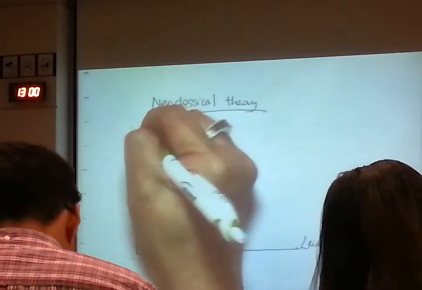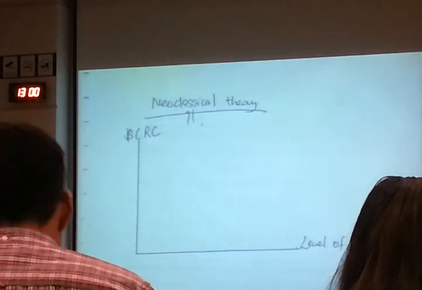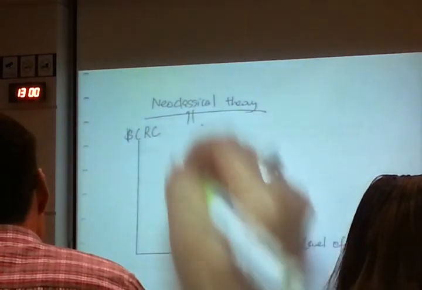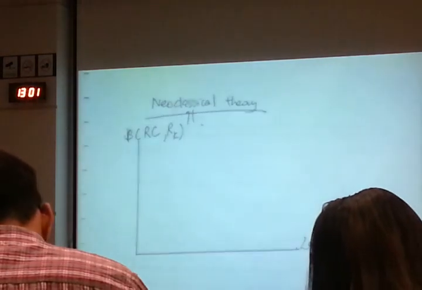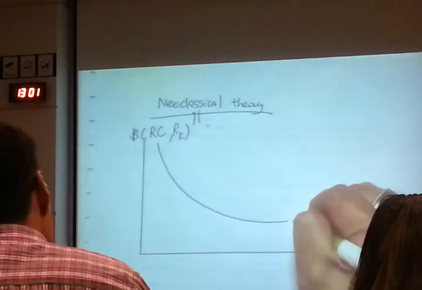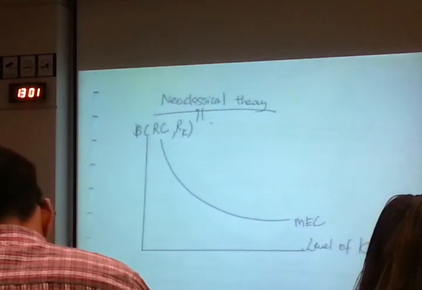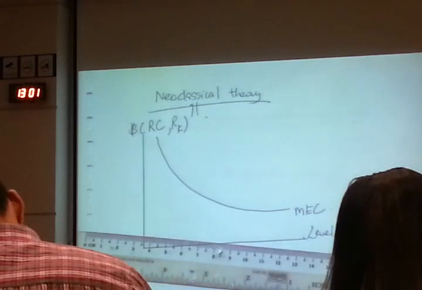Okay, and then over here, you are comparing the cost, known as RC, versus the benefit of using the machine, RK. The benefit is given by the MEC curve, and the cost curve is usually given as a straight line.